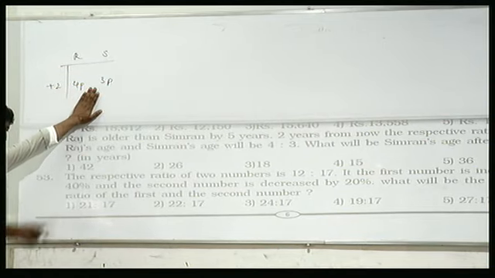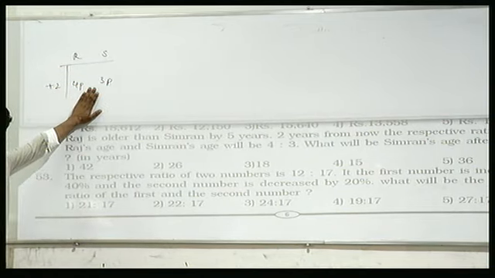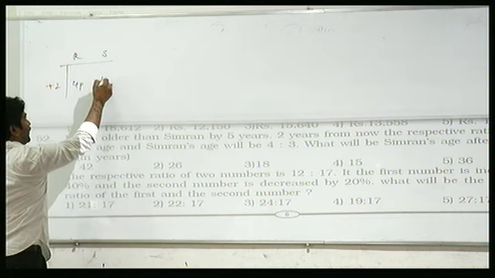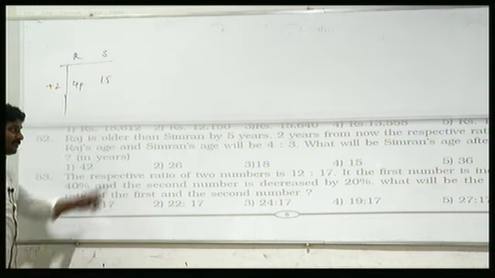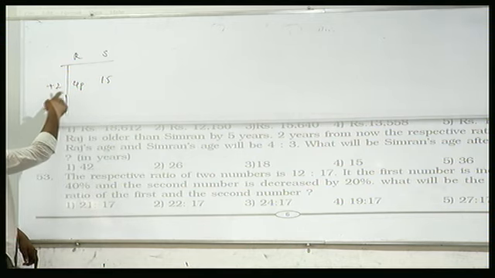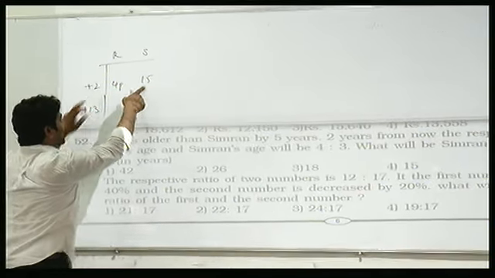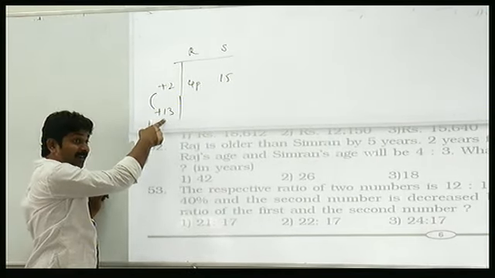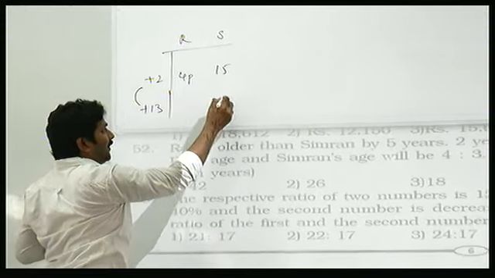And at this time also age difference should be equal to 5 years. So that is equal to 1 part. 1 part is 5. 3 parts 15. And you are asked to calculate Simran's age after 13 years. After 13 years in the sense, Simran will be 15 years after 2 years. From here to make it 13, again you need to add 11. Add 11 here, 26.